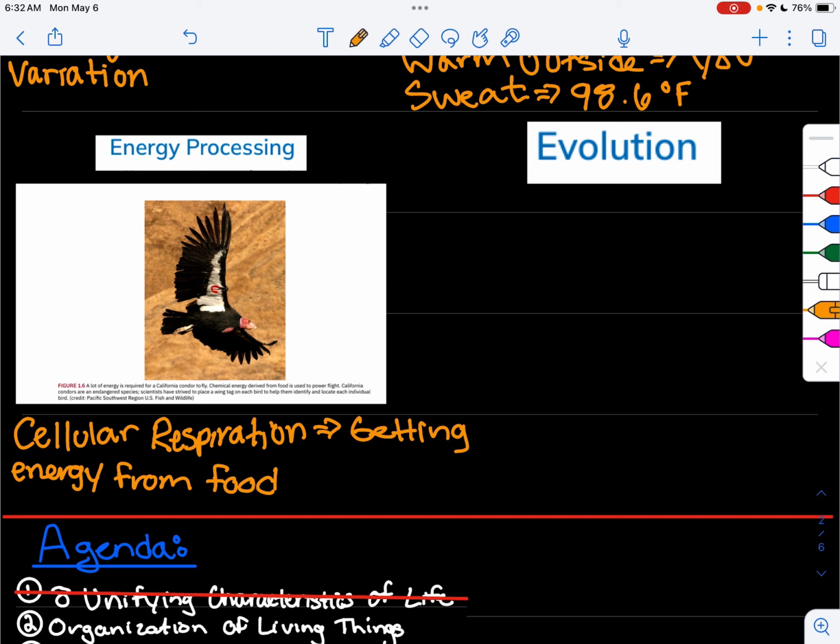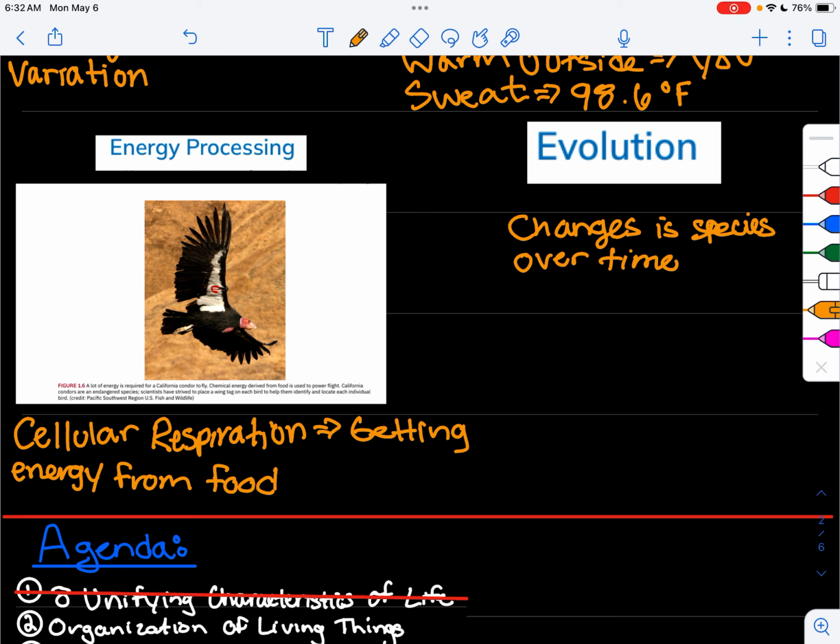We have evolution, which, in simple words, is changes in species over time.